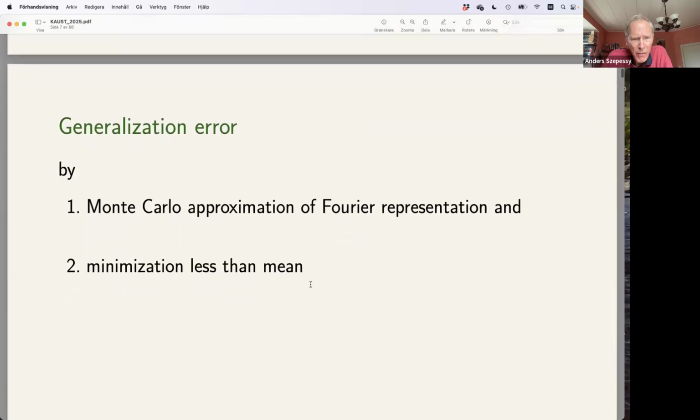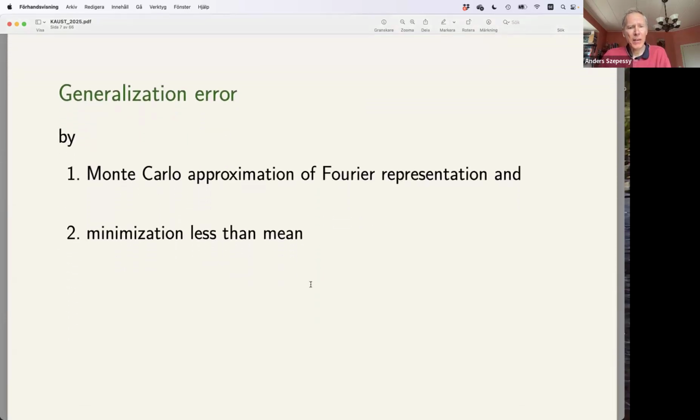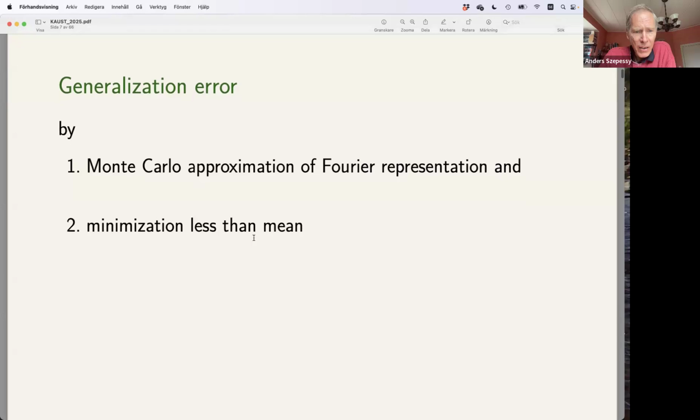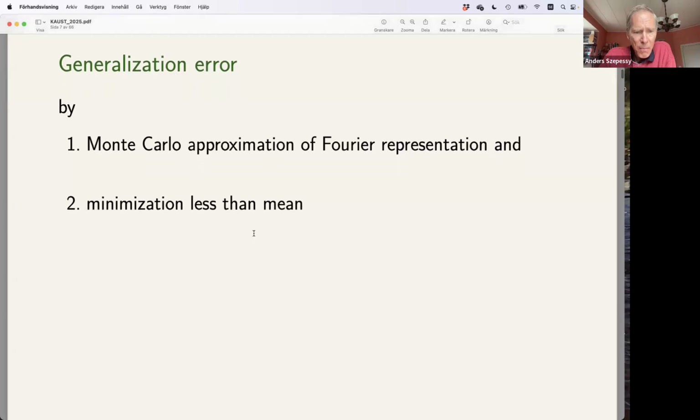So we need to derive this error estimate, and it has two steps. They're quite straightforward. The first step is to do a Monte Carlo approximation of the Fourier representation, and then plug this result into the minimization problem.